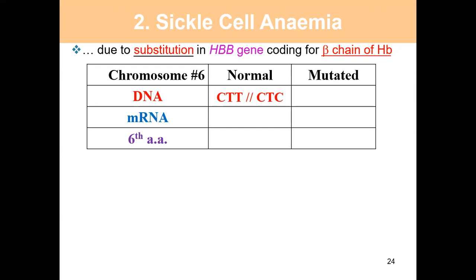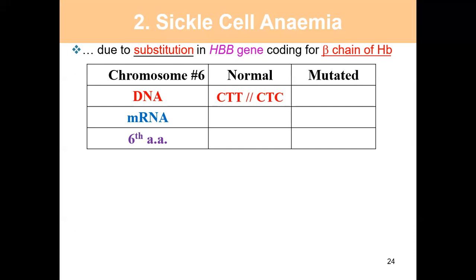So where does the mutation occur? This gene is found in chromosome number 6. Okay, and this mutation occurs in the 6th code, because it's a 6th amino acid change. In the DNA, it is code, right? mRNA is codon. So in the 6th code, there is a mutation.